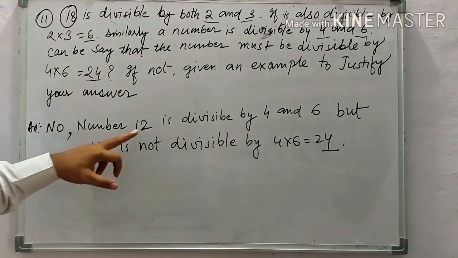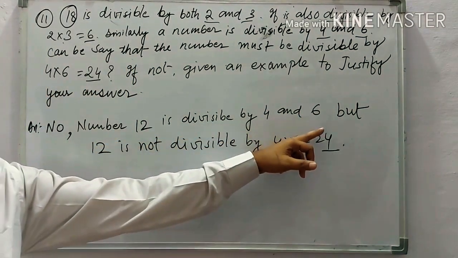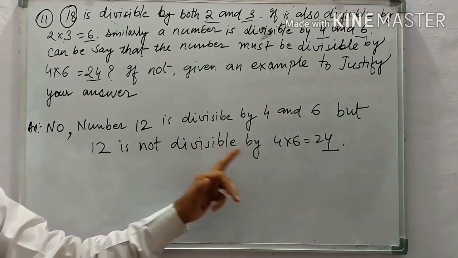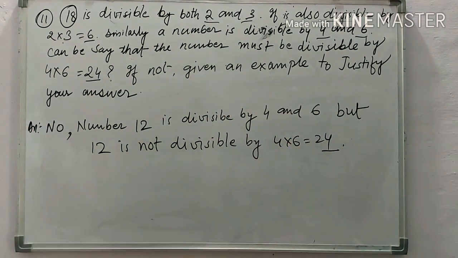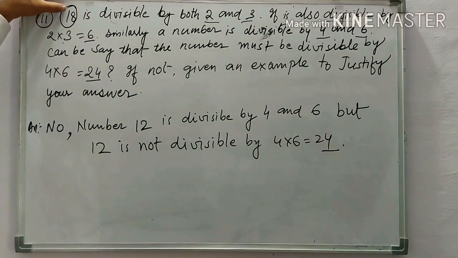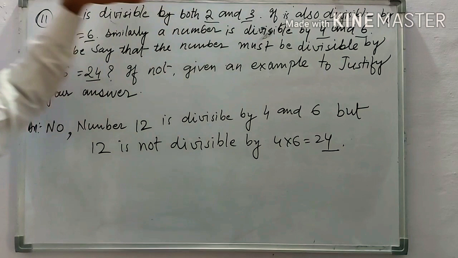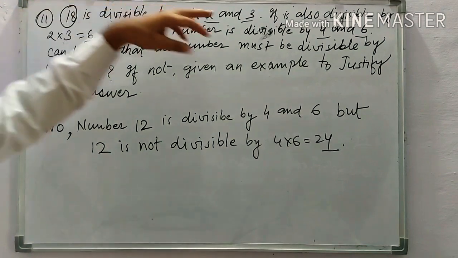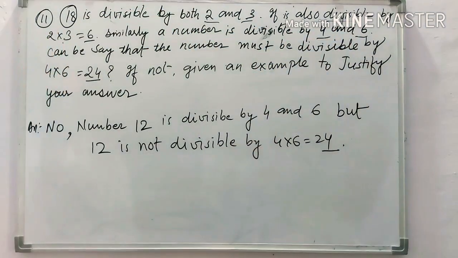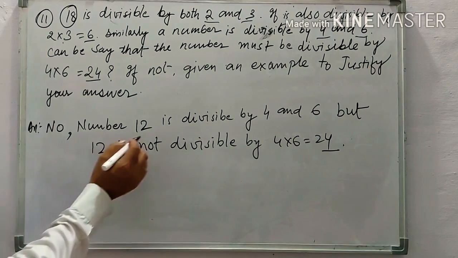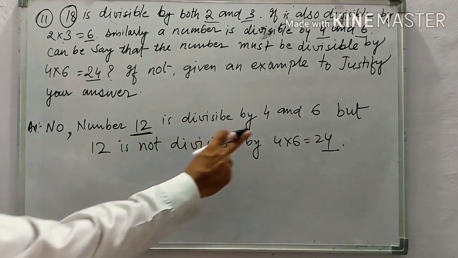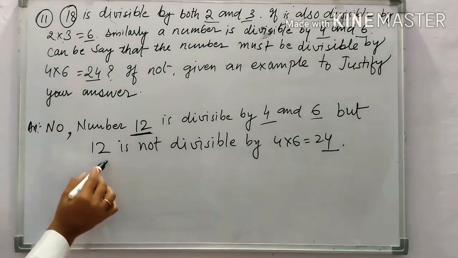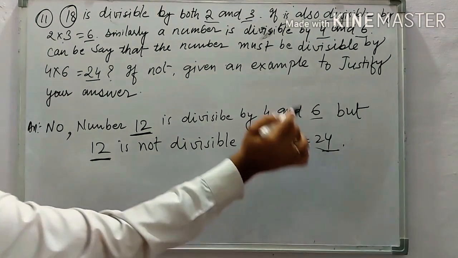The question is asked similarly to 18 being divisible by 2 and 3 and 6, where 6 is 2 multiplied by 3. Similarly, to check the second, a number divisible by 4 and 6 need not be divisible by 24. So 12 is a number divisible by 4 and 6, but 12 is not divisible by 24.